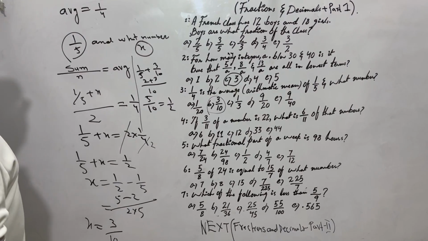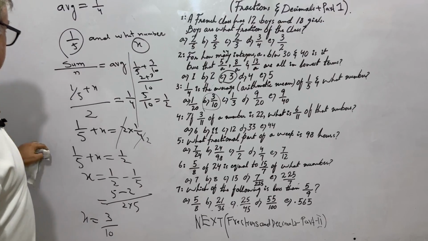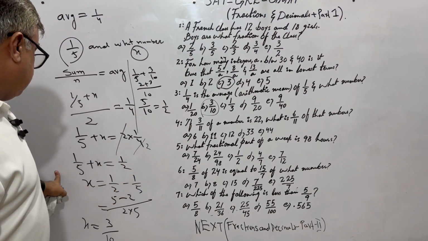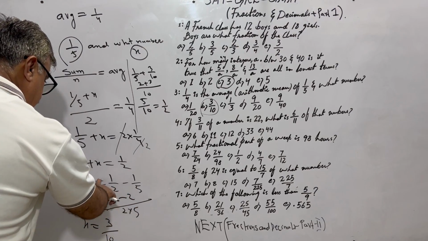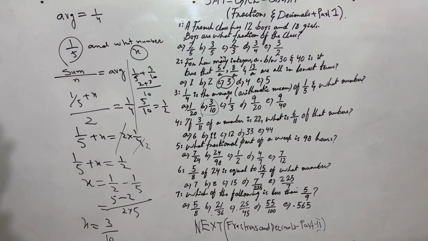What went wrong? Let me check again. 1 over 5 will become 1 over 2. LCM, 2 times 5 is 10. 5 minus 2 is 3 over 10. The value of x is 3 over 10.